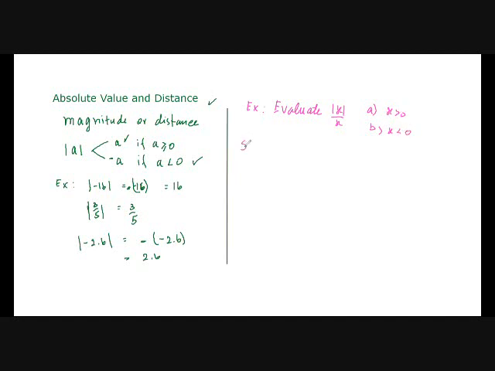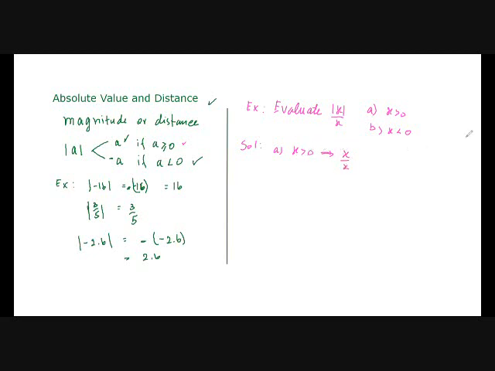So our solution is to see the definition of absolute value. Question A says if our x is greater than 0, so x should satisfy this condition, and it becomes plus. So this is going to be x over x, because greater than means positive.